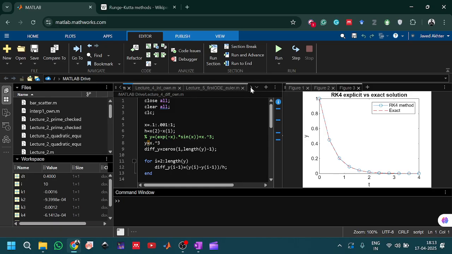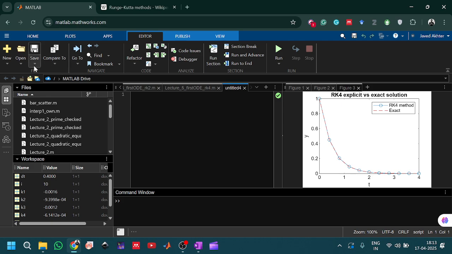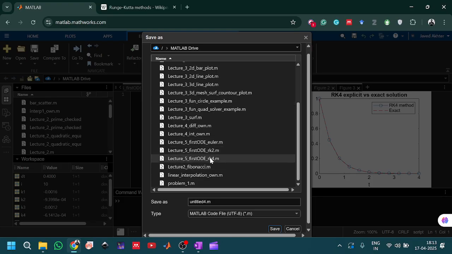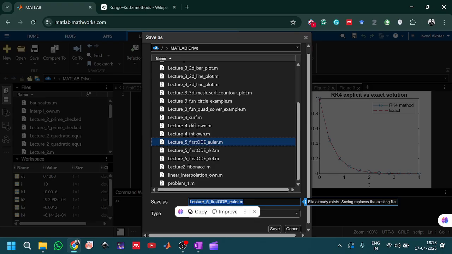Let me save this as lecture 5, second order ODE Euler.